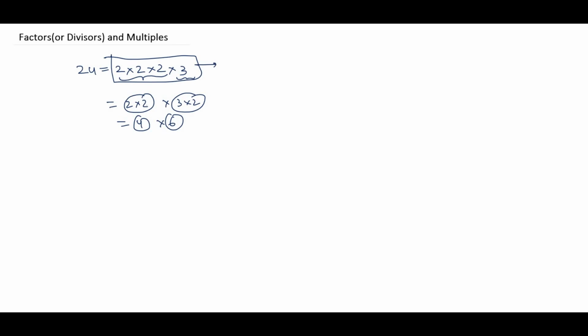Like one is 24 can be written as 4 into 6, another 24 can be written as 8 into 3. So 8 would also be a factor of 24. Similarly, 24 can be written as 12 into 2. So 12 is again a factor of 24, right?